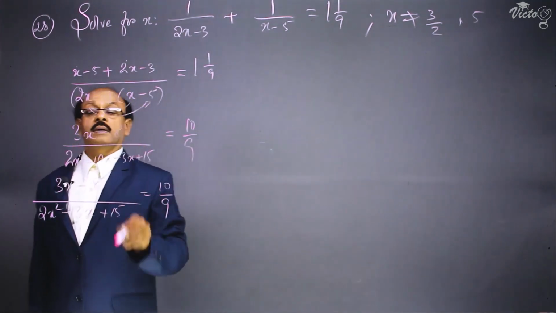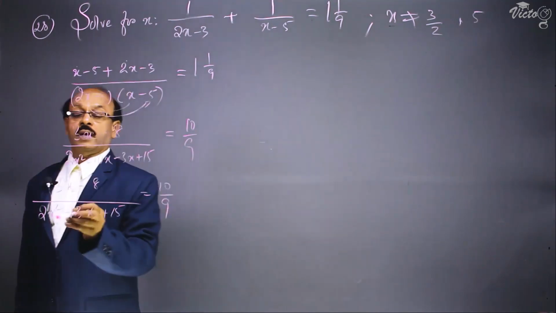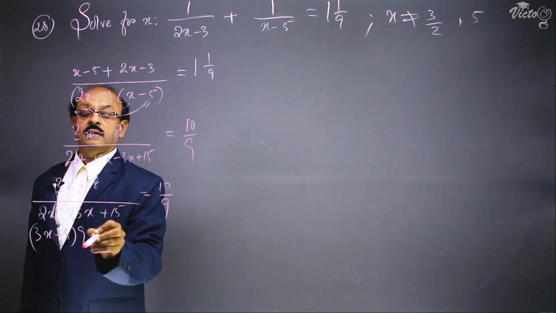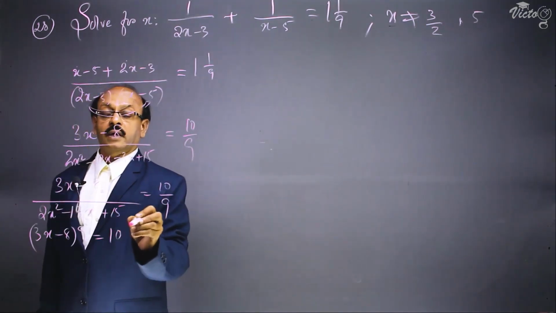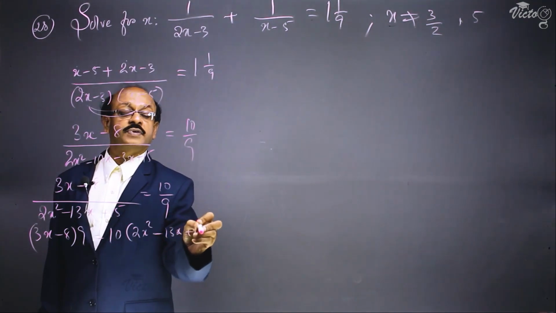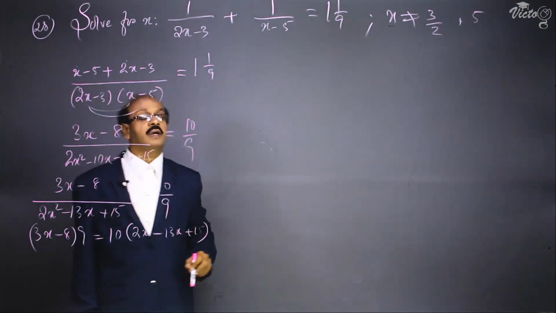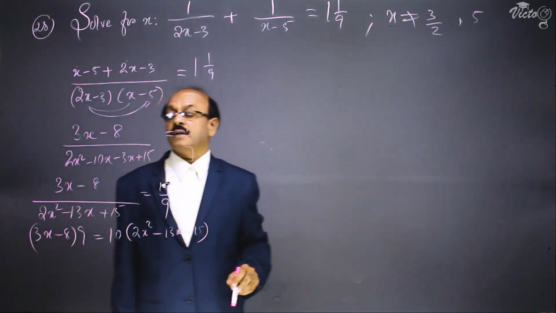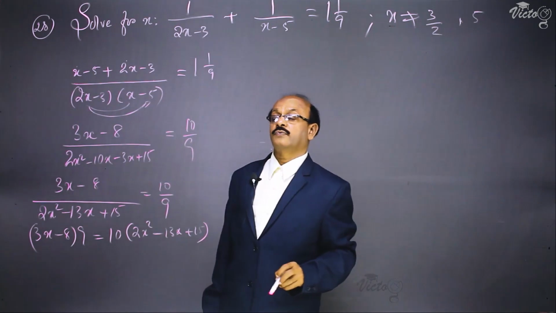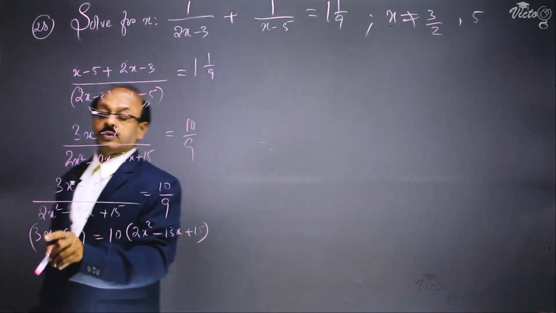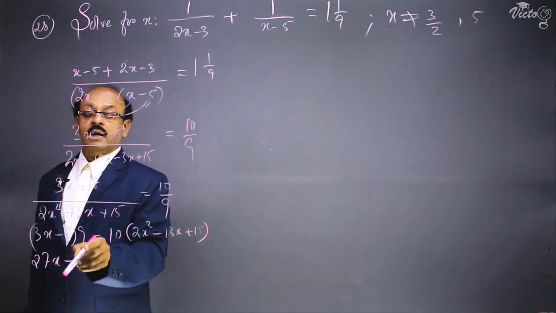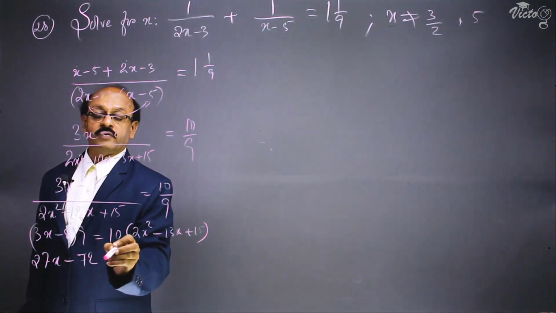Cross multiplying, 3x minus 8 into 9 is equal to 10 into (2x square minus 13x plus 15). 9 into 3x is 27x, minus 9 into 8 is 72.